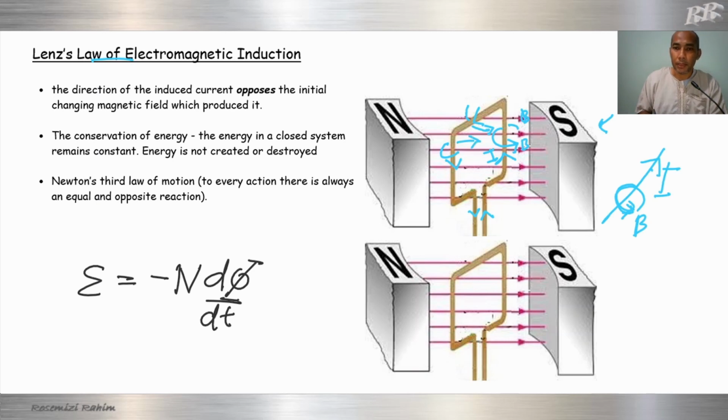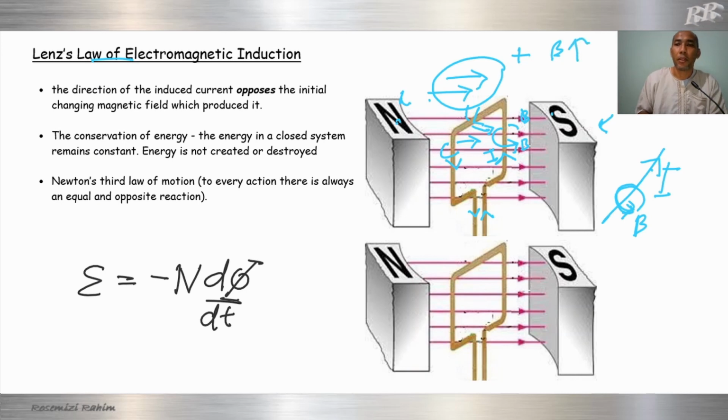The magnetic field created by the induced current is in the same direction as the magnetic field created by the permanent magnet. The magnetic field goes this way, and the magnetic field produced by the induced current goes this way too, the same direction, which means they add together, combined. So the total magnetic field will be increased.